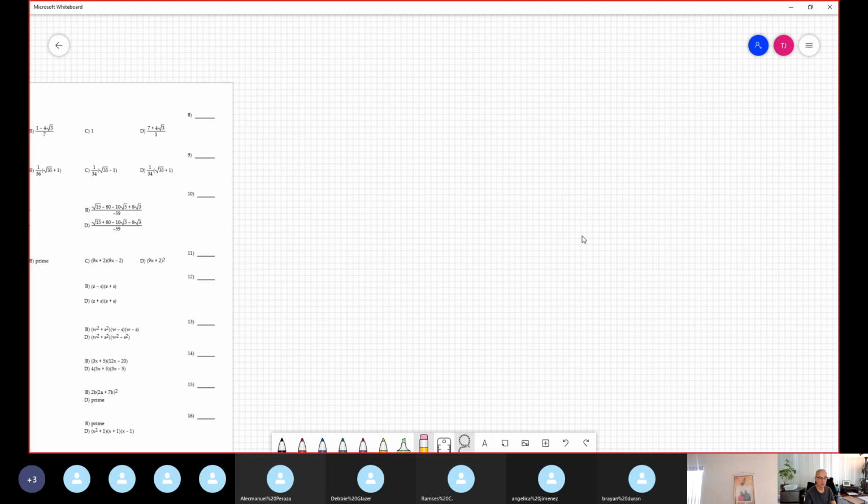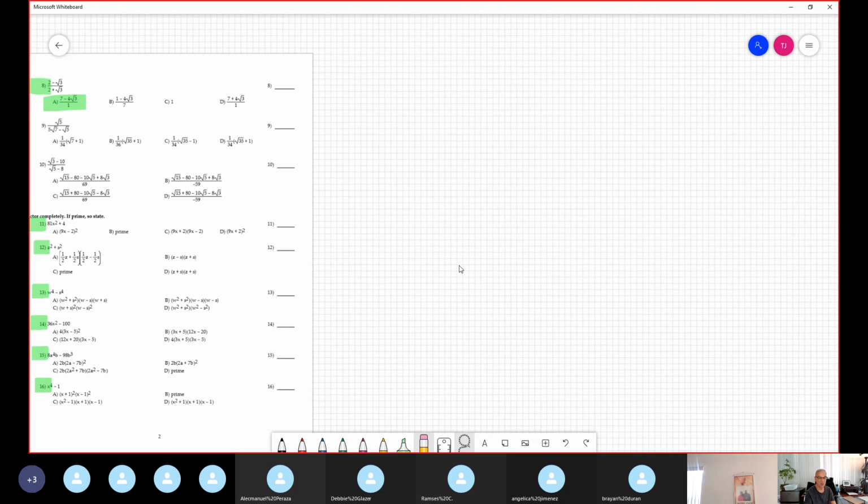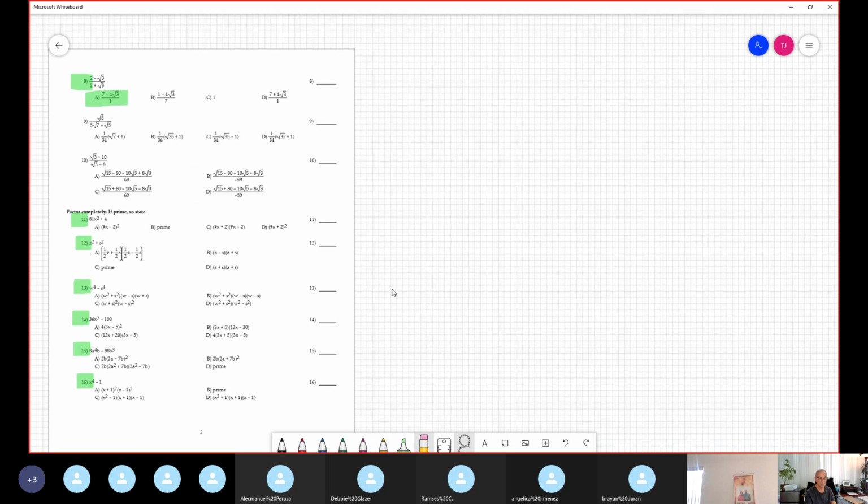Let's move on to the factorization, which is the most important. For example, let's do number 11: 81 x squared plus 4. Remember, identification in factorization is extremely important.